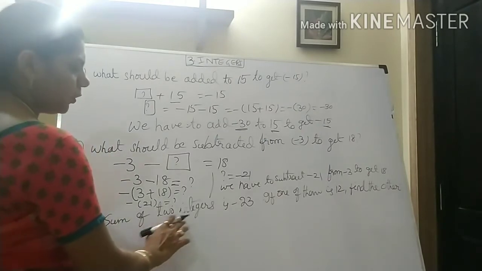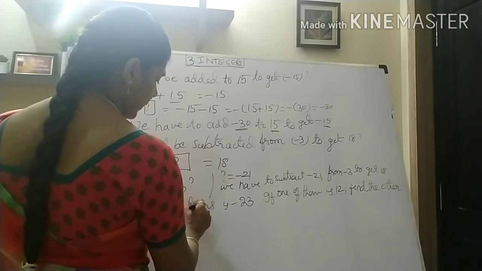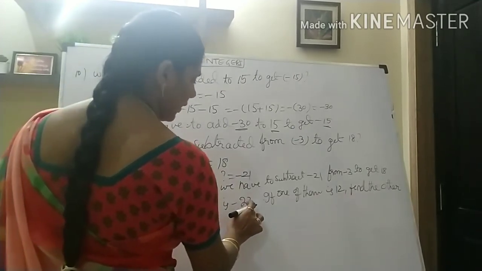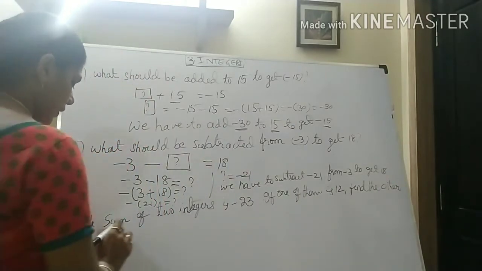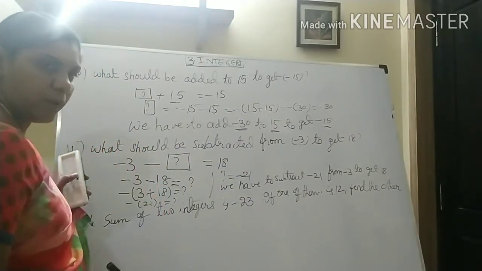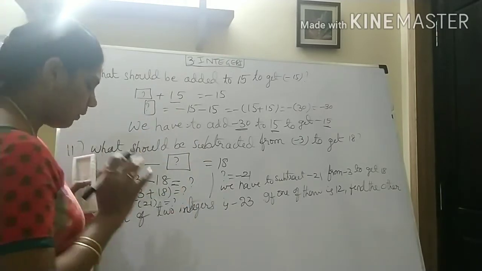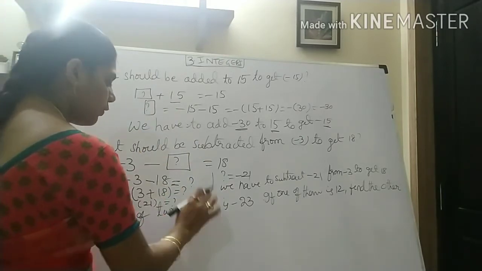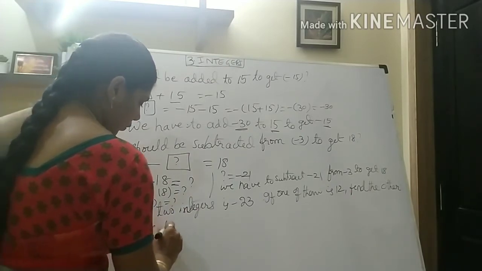The sum of two integers is minus 23. If one of them is 12, find the other. So first understand the problem and first write down whatever they have given in the problem. What they have given here: sum of two integers.